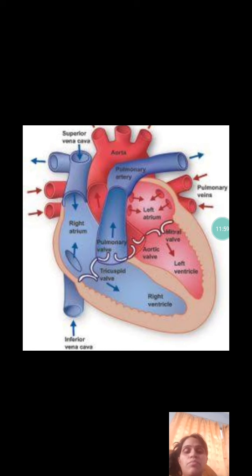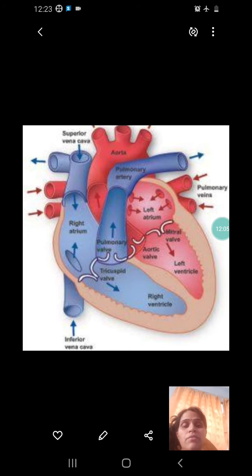So what has happened, students? First of all, the superior vena cava carries deoxygenated blood from the upper part of the body, whereas the inferior vena cava carries deoxygenated blood from the lower part of the body to the right atrium.